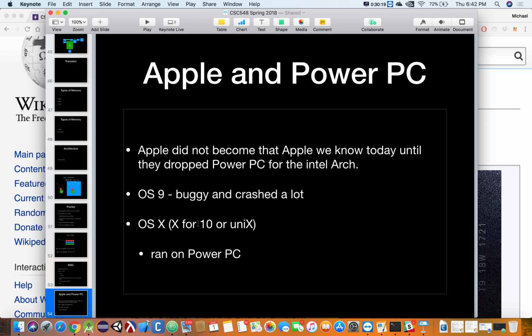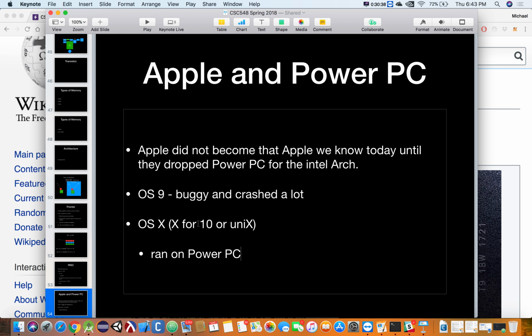So OS 9 was Apple's previous operating system, right? OS X was a brand new operating system based on Unix, based on Linux. Actually, it was based on OpenBSD Unix, so it was based on Unix. Those two operating systems have different APIs, right?